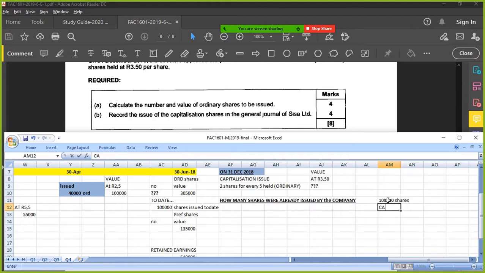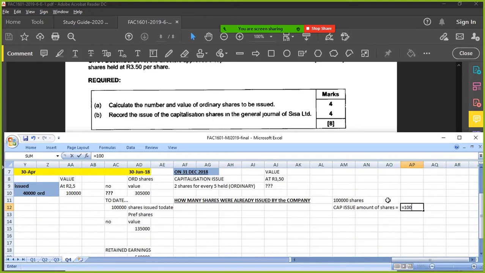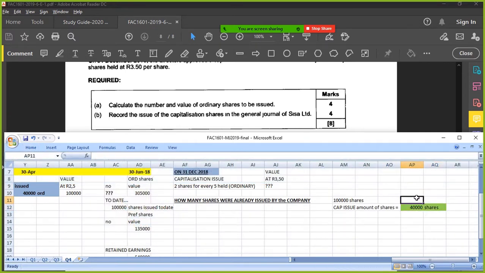The cap issue amount of shares equals 100,000 shares times, how many shares do I get? I get 2 shares for every 5 that I hold. Does that make sense? Yes. So we're going to have 40,000 shares cap issue.